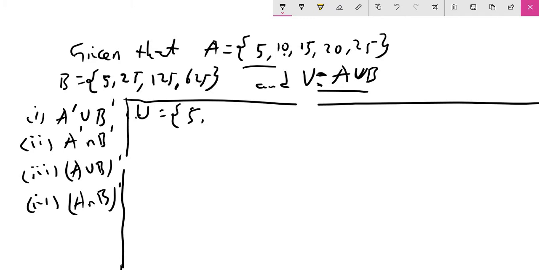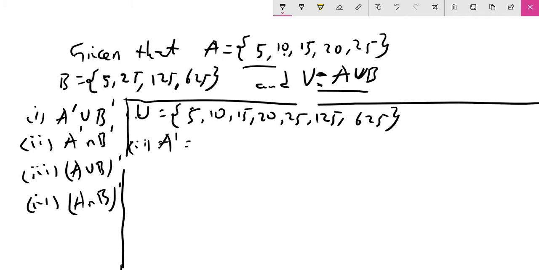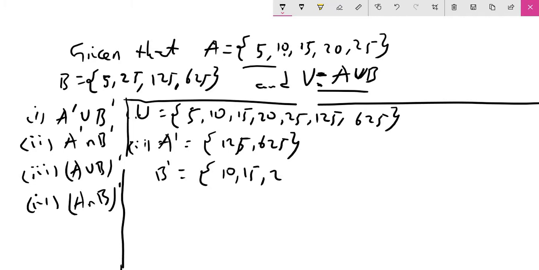So the universal set is 5, 10, 15, 20, 25, 125, and 625. So for II, again, A complement is 125 and 625. B complement is given by 10, 15, and 20.